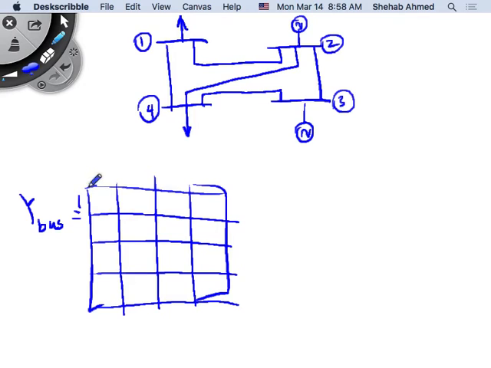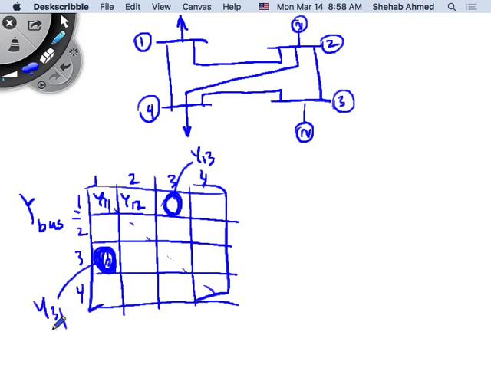So this is y11 here, and then y12, and this is 0. Where else do I have a 0? Remember, this is a symmetric matrix. So this is y31, and this is y13, and so is y31. This is also a 0. Okay. Everything else has values in the admittance matrix.